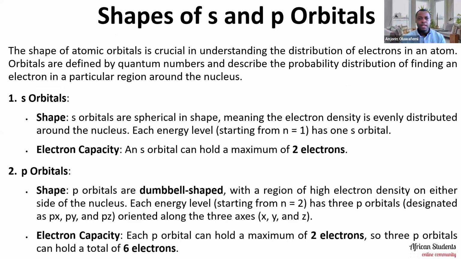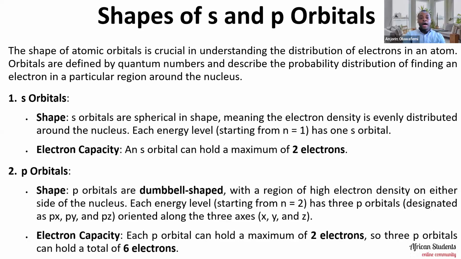So let's move along now and talk about the shapes of s and p orbitals. We've talked about s orbitals, p orbitals, d orbitals, f orbitals, and so on before. So I want to look specifically at the shape of s and p orbitals.